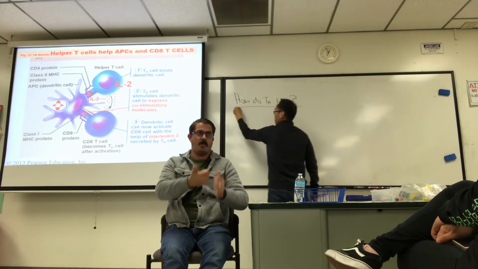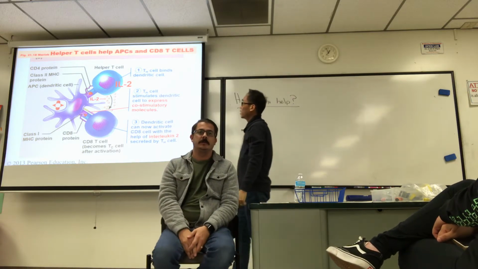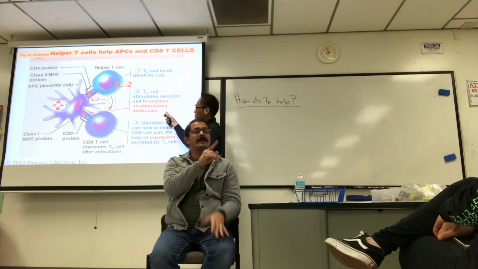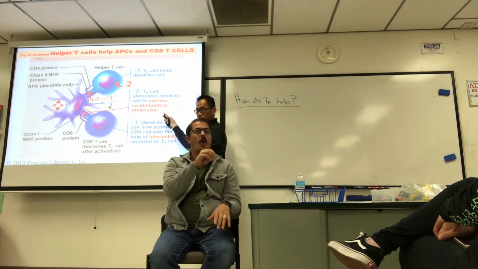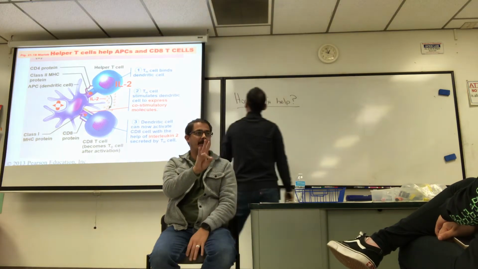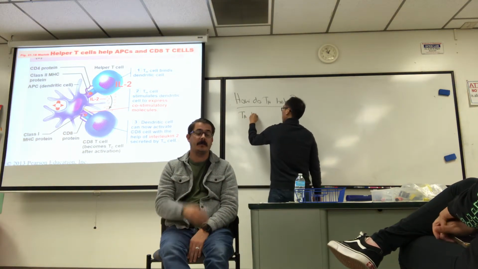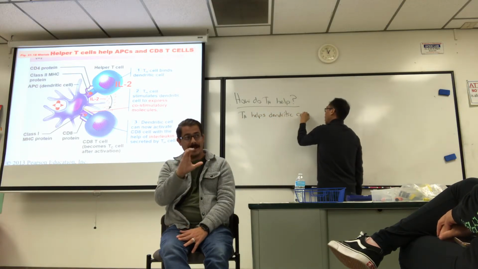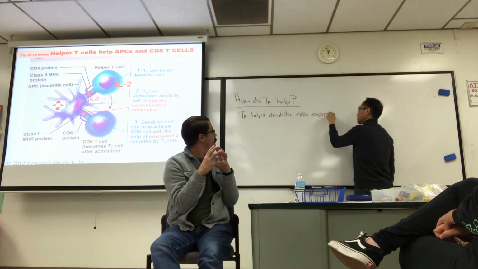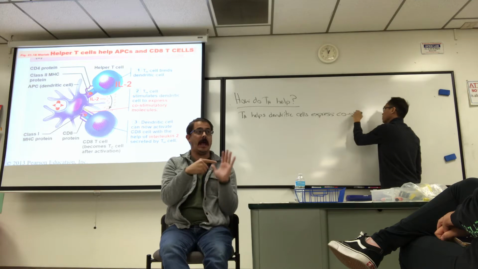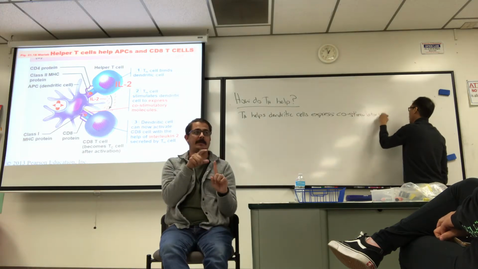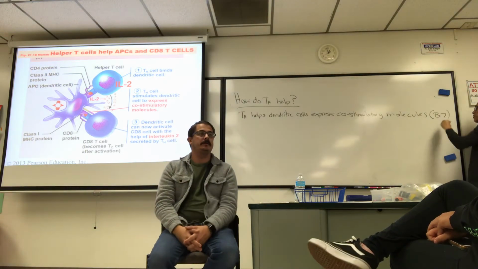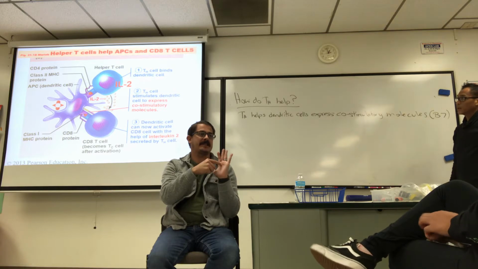I'll put in the form of a question. What you see here is it's binding to a dendritic cell. The T helper cell, it's helping the dendritic cell to express those co-stimulatory molecules like B7. T helper cell helps dendritic cells express co-stimulatory molecules. B7 is an example that I gave on the previous slide.